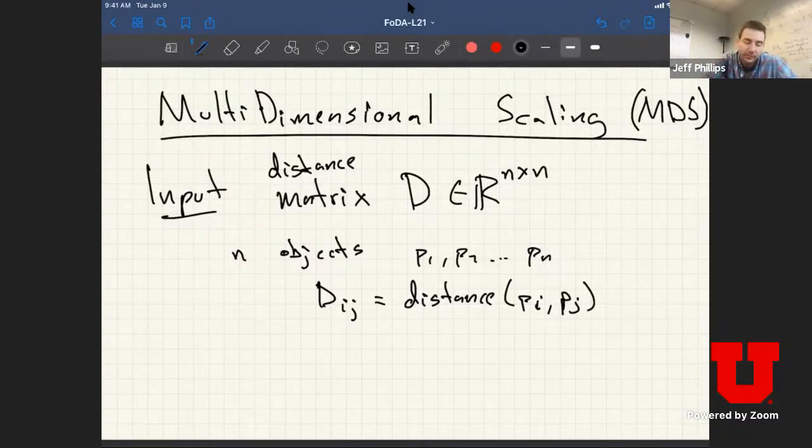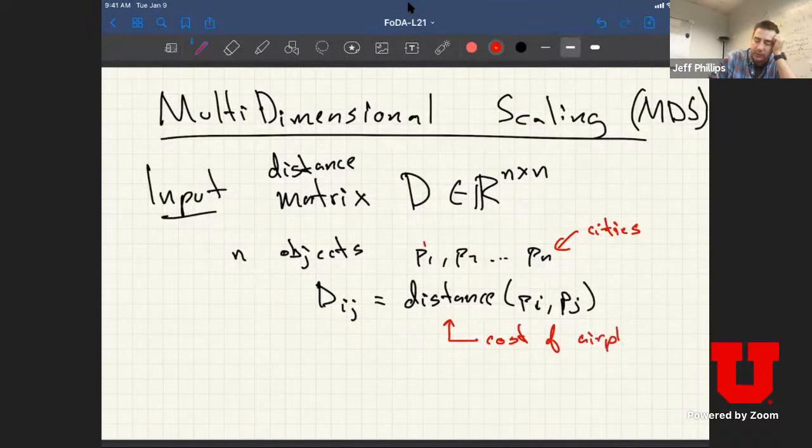So think of these as some cities, and then the distance is the cost of an airplane ticket between city i and city j, right?